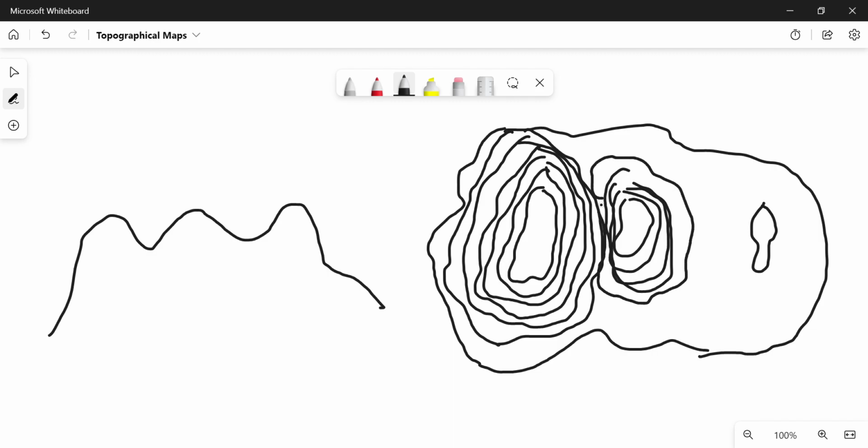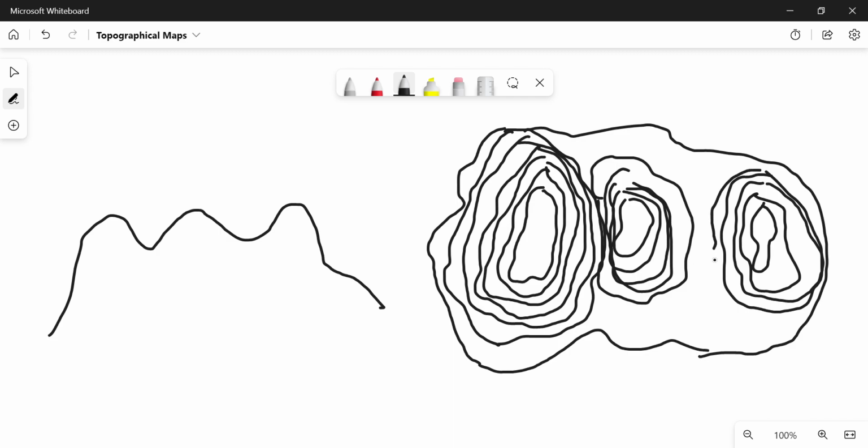Okay, this is the second one and the third one. It goes a little bit down, that's why we are making this bigger. Like this.